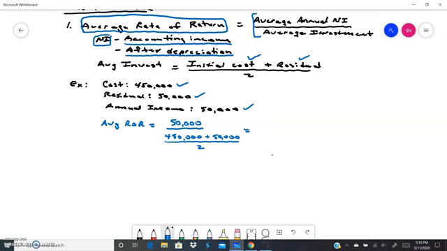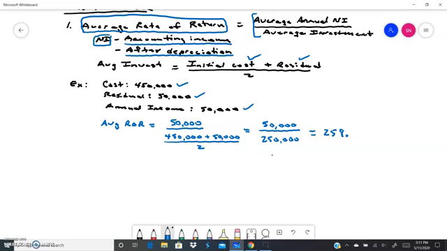So that's basically a $50,000 annual income per year divided by an average investment. The numerator would be $500,000 divided by 2. So we'd have an average investment of $250,000. And so dividing that out, we would get a 25% return on our investment.